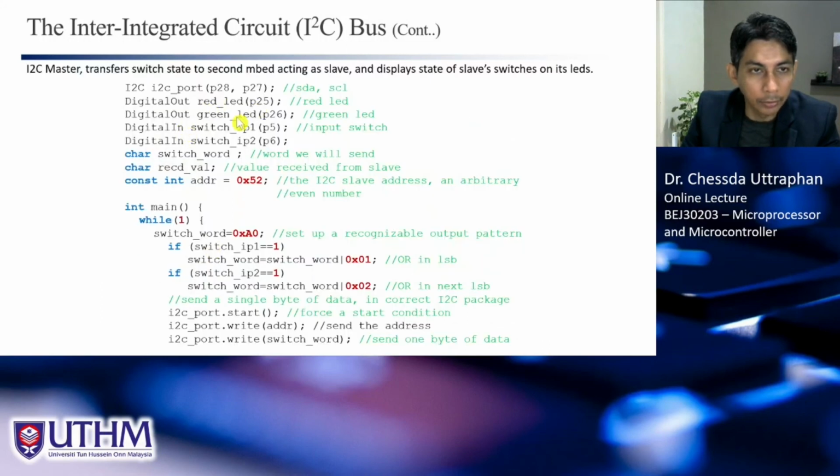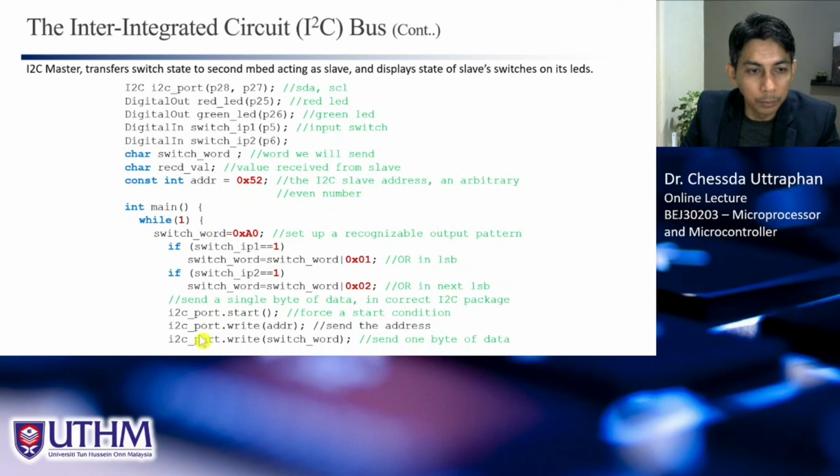So LED is, of course, digital out, the switch is digital in, and we have a variable here. The first one is switch word, and we have another variable, receive variable, and we have another variable called ADDR, which is the address 52. So we set it predefined here, and we can use it in our program.